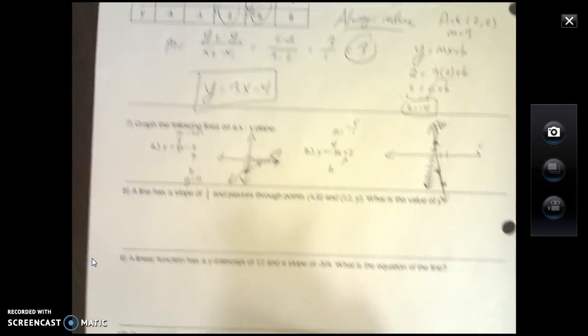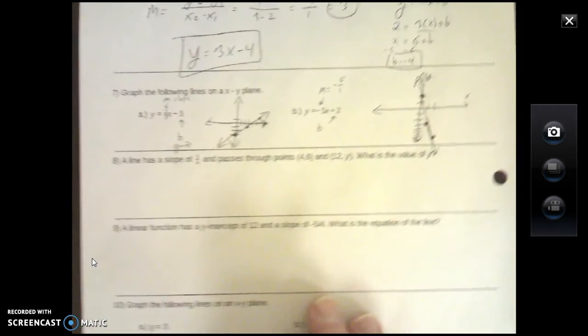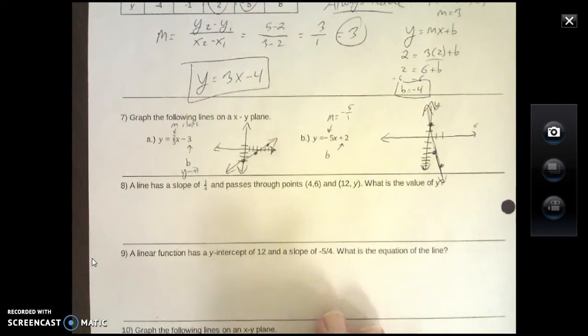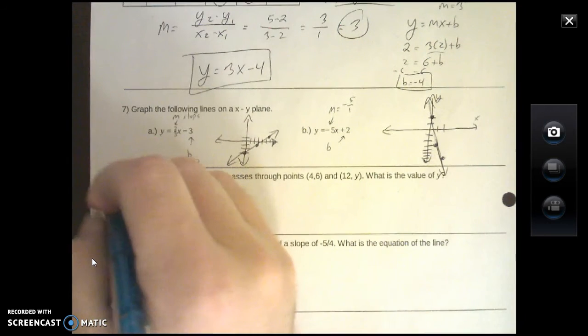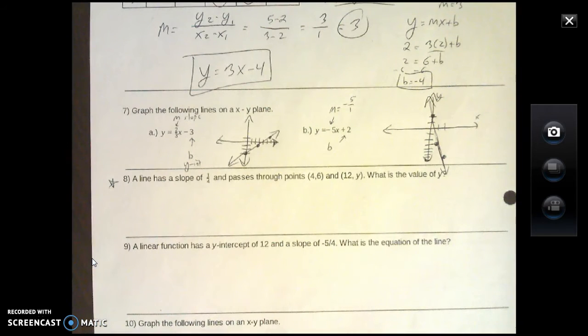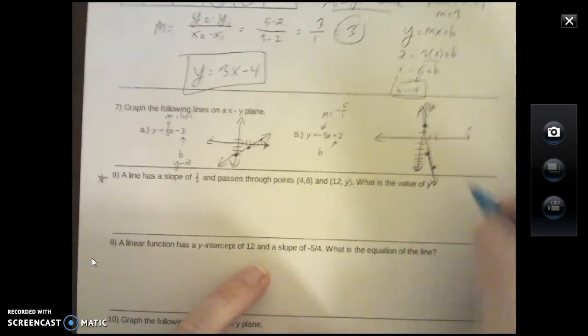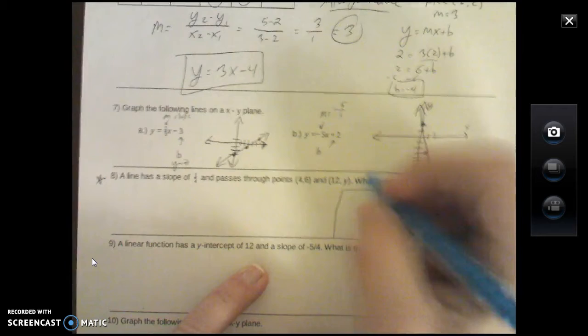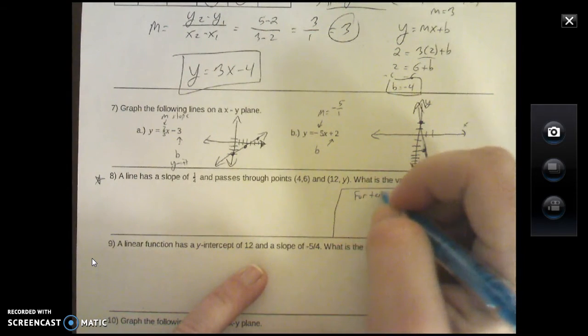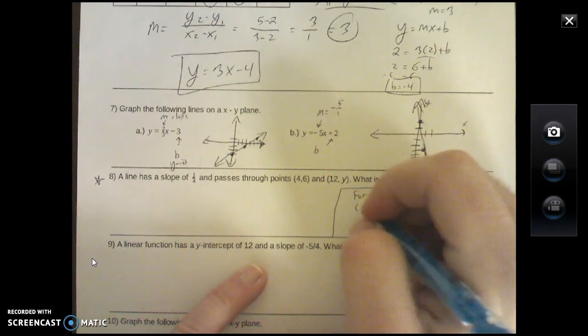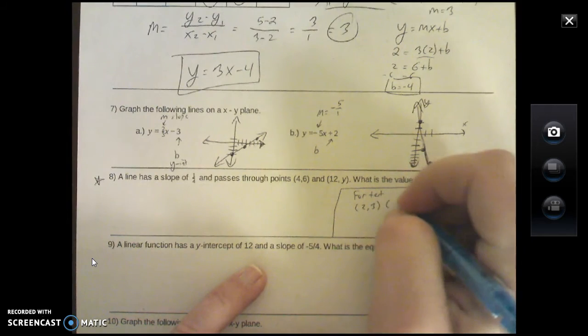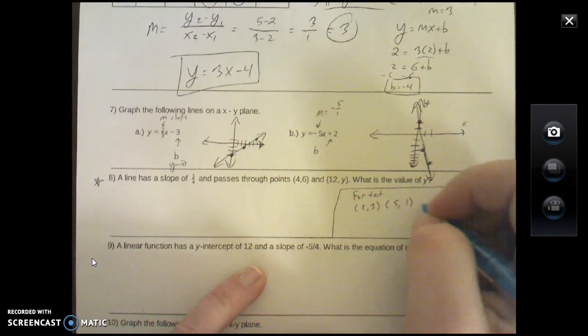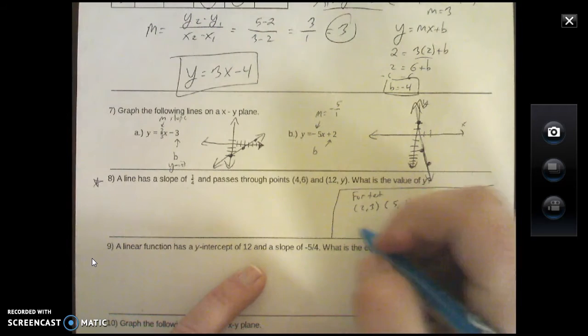Okay. Number 8, a line has a slope of 1/4 and passes through points (4, 6) and (12, y). What's the value of y? This is a challenge problem. Basically, just so you guys are aware, for the test, if I give you 2 points, say (2, 3) and (5, 1), you should be able to find the slope between them.